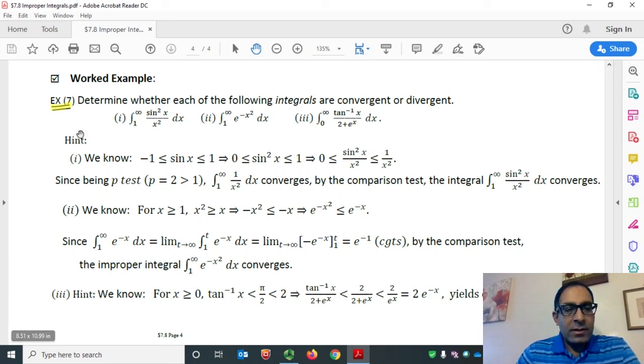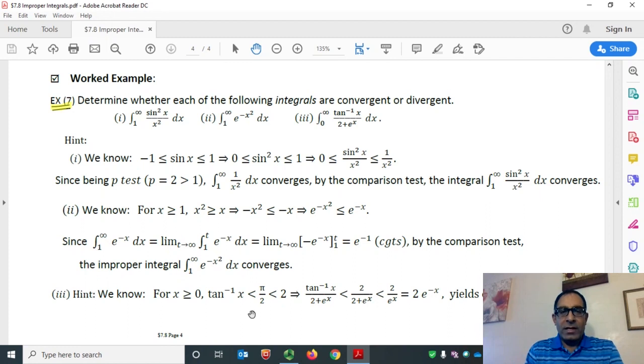Similarly, part 3. Let's establish another inequality here. So what is true here? For x greater than or equal to 0, my improper integral starts from 0, tan inverse x is less than pi half, right?